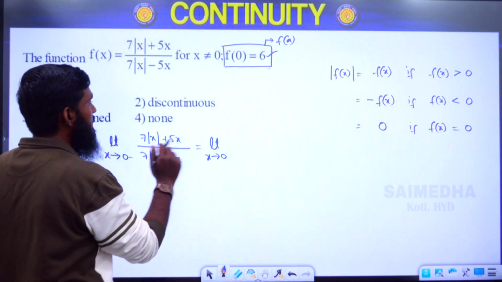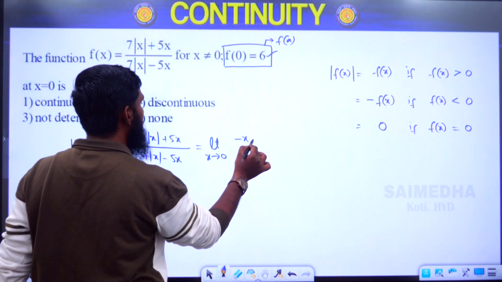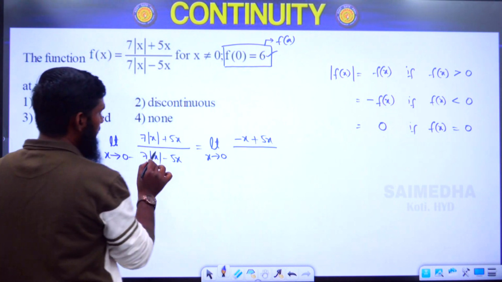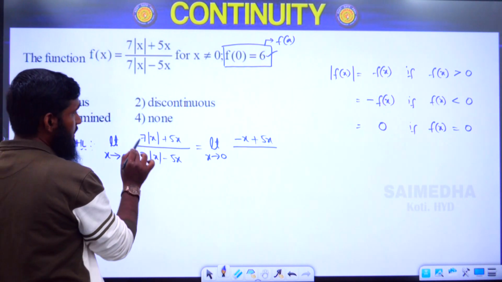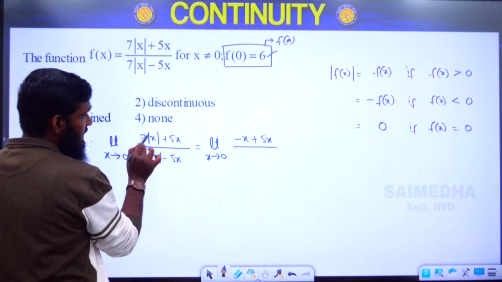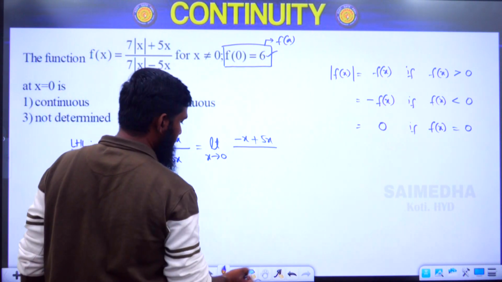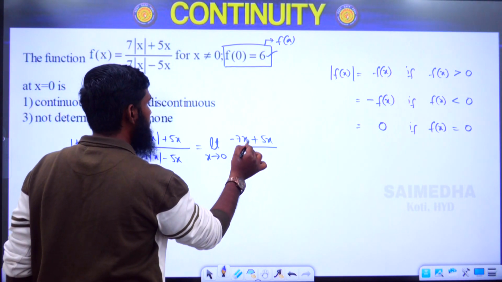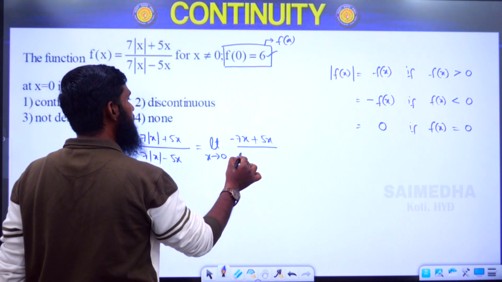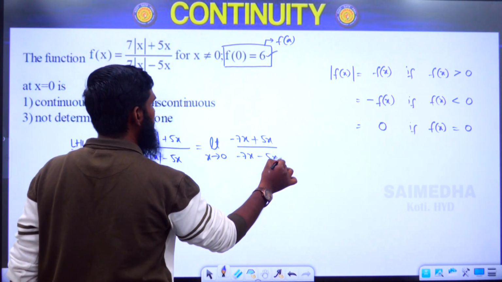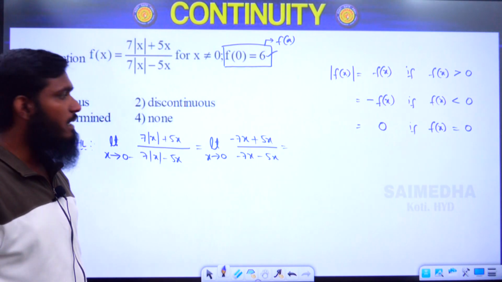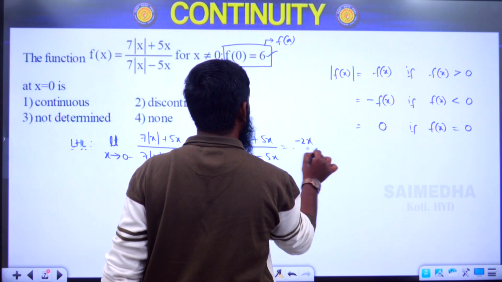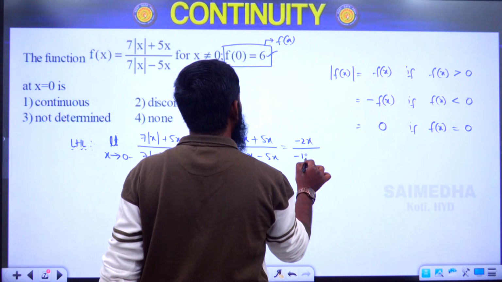So we write this part as minus f of x, which means minus x plus 5x, no need to apply any condition for this, divided by 7 into minus x, which we can write as minus 7x, minus 5x. Now minus 7x plus 5x we can write as minus 2x, divided by minus 12x.